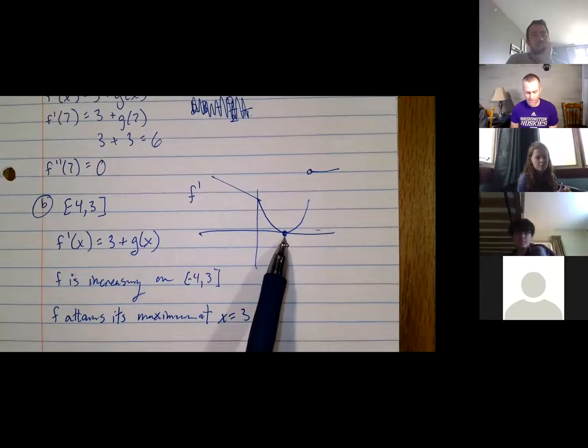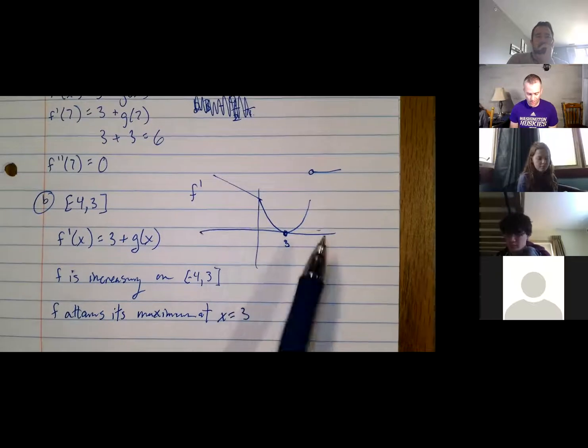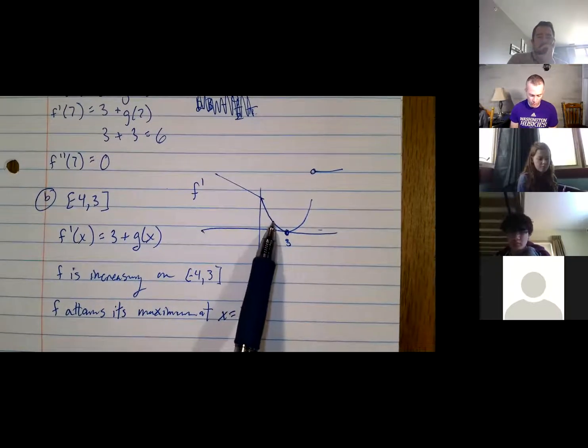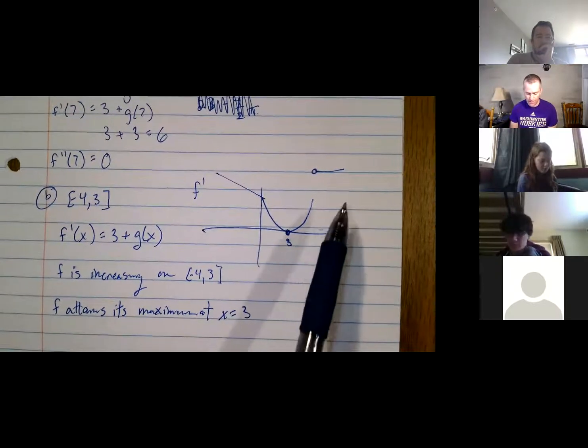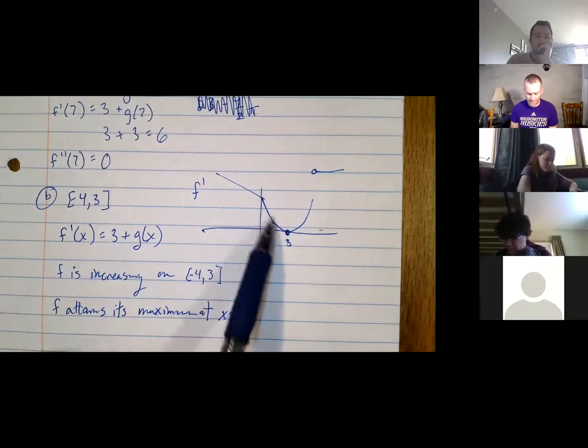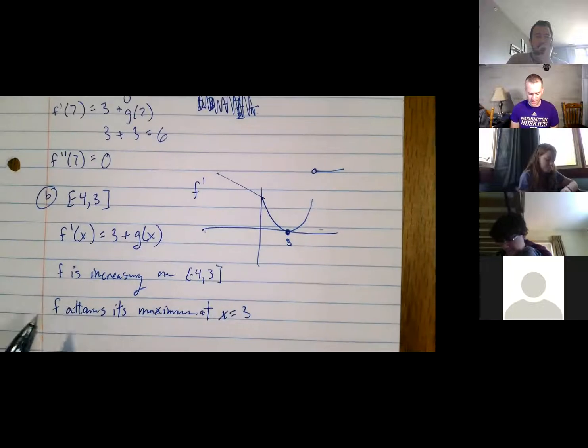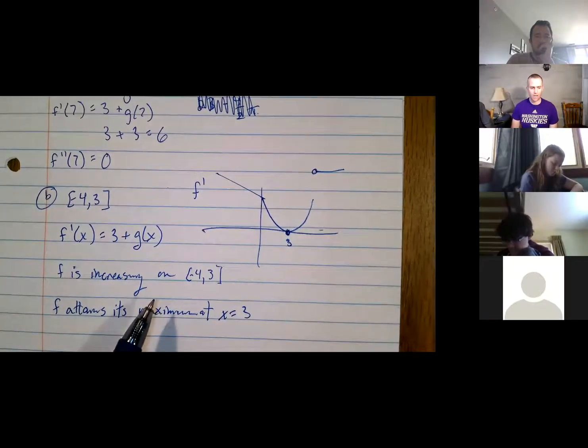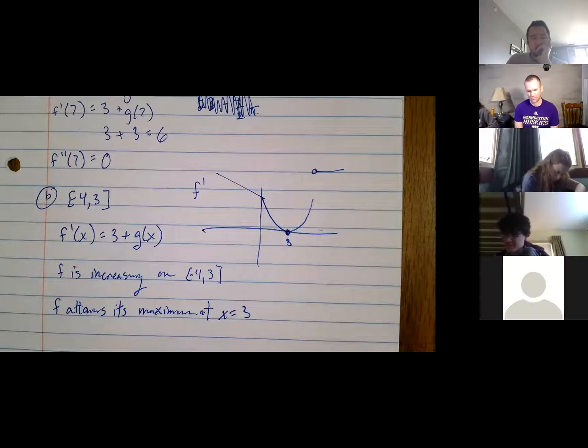Yes, 3 happens to be a 0, but even if it wasn't, say it was x equals 4 or 2 or 8 or any other value, because f prime is positive everywhere, that means f is increasing, then it would attain its maximum at the right-hand endpoint. So it attains its maximum value because it's always increasing? Correct.